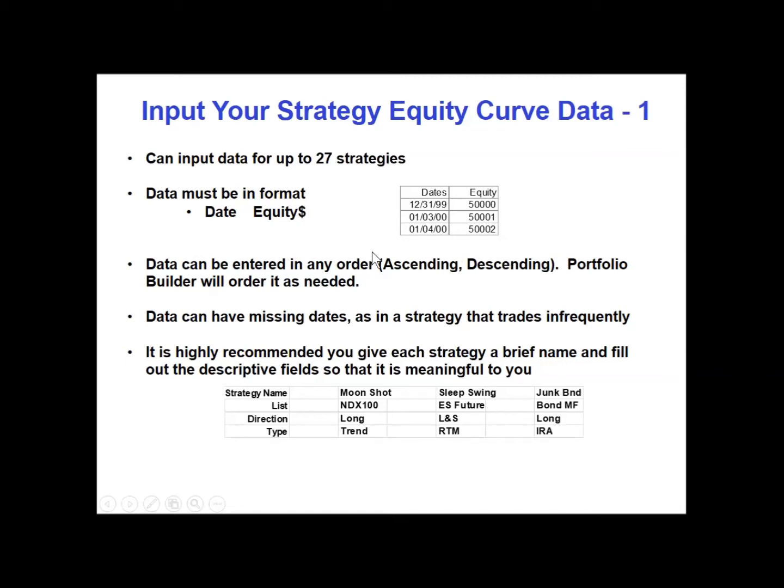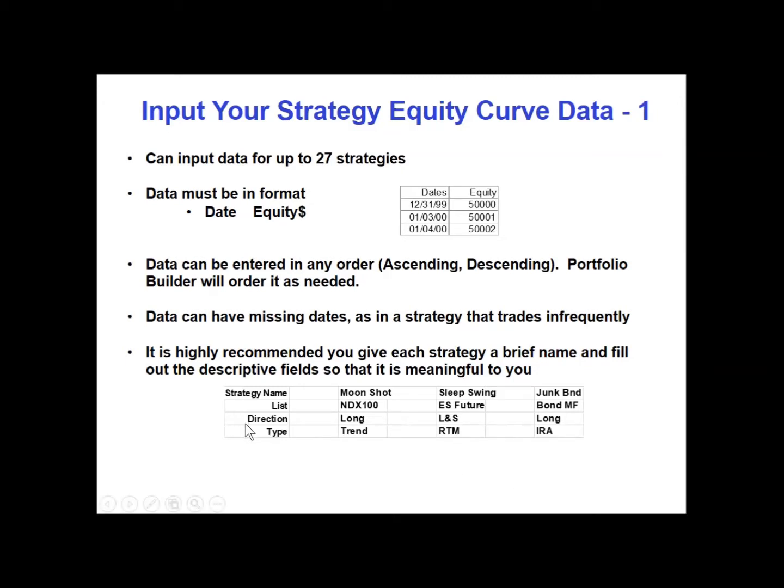It doesn't care where you got it, as long as there's dates and equity. And you can mix and match both ascending and descending. I don't want you to have to sort it before you input it. You input it, and the program sorts it as it wants.